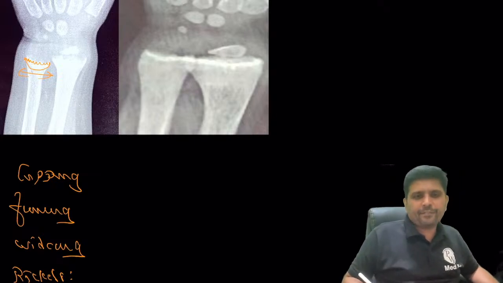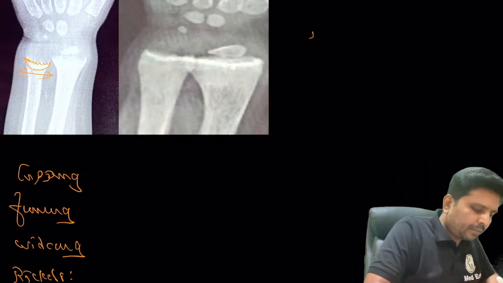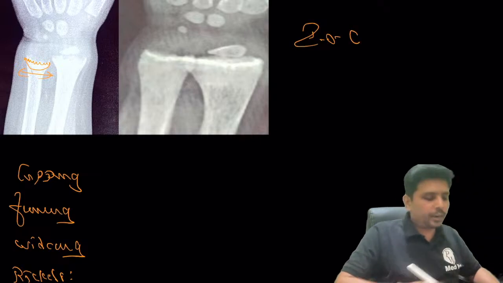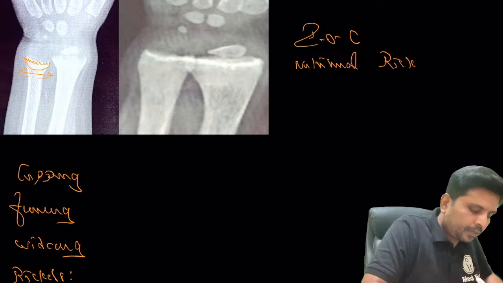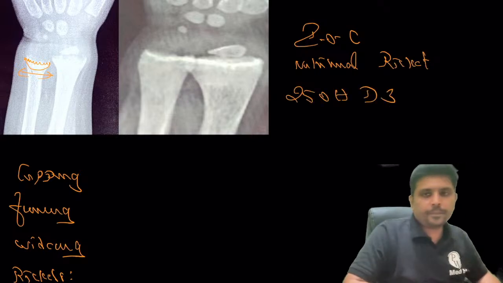Okay, cupping, fraying, widening. The investigation of choice for nutritional rickets is 25 OHD3.